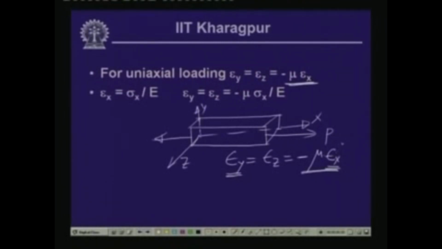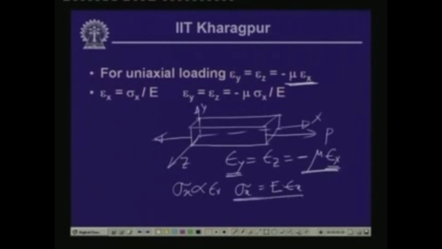Now, in the previous lesson we have seen that when we relate the stress to the strain up to the proportional limit or up to the elastic limit, the stress sigma is proportional to the strain, or sigma x equals E epsilon x.